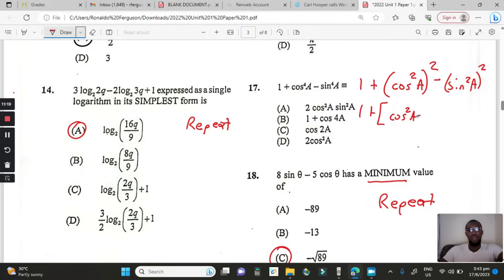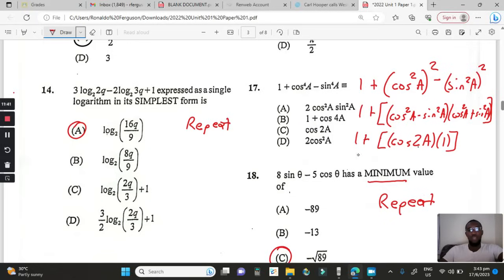That's cos square a minus sine square a, and then this is being multiplied by cos square a plus sine square a. So in that case, we have 1 plus cos square a minus sine square a is cos 2a, and then this is times 1, since sine square plus cos square is 1.